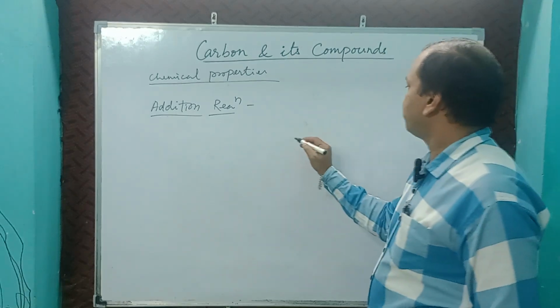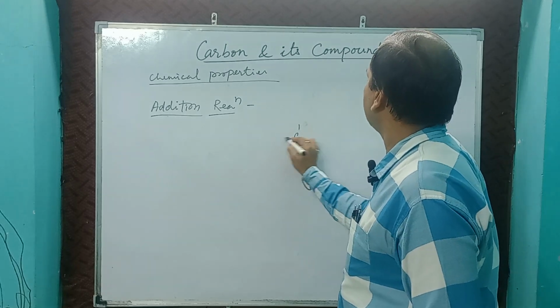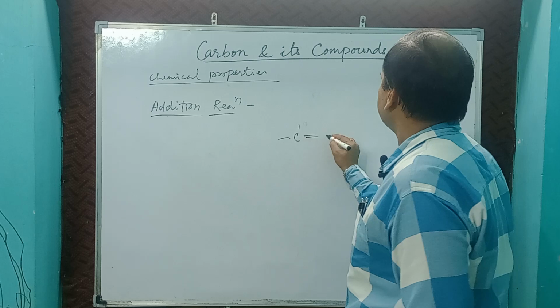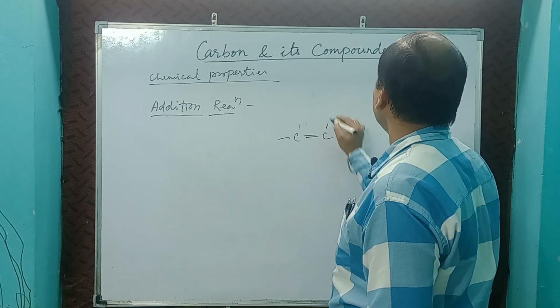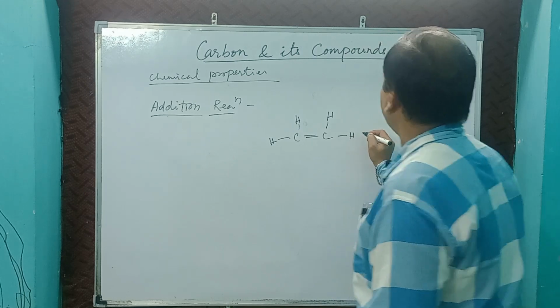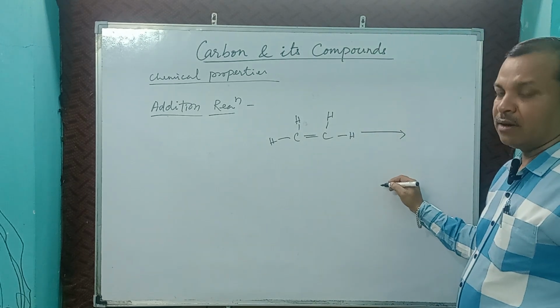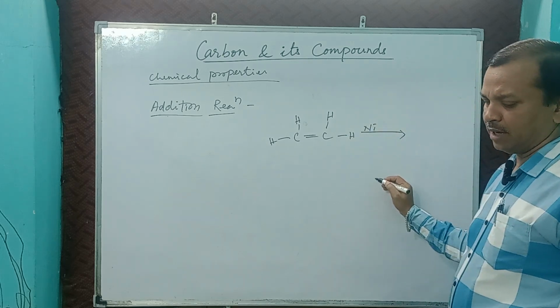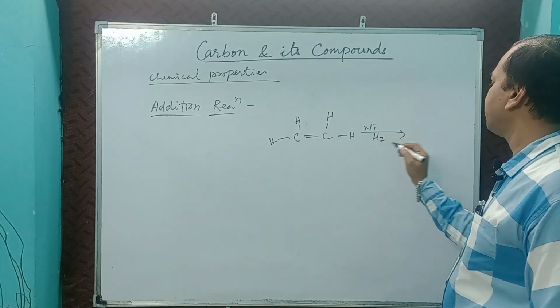So here C is unsaturated, this might be a double bond or triple bond. We can take nickel as a catalyst. H2 will be treated.